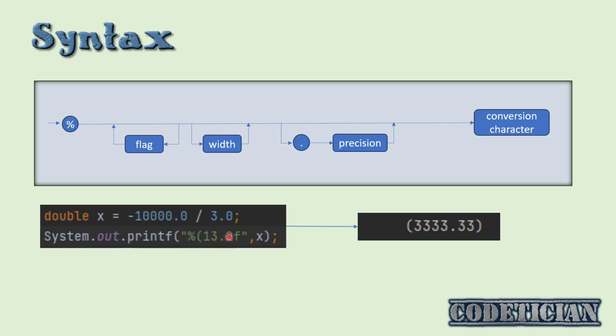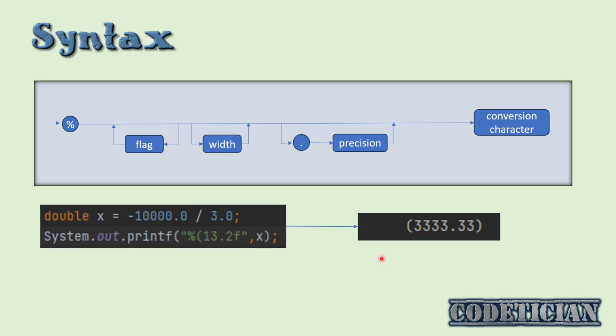Percentage, then left parenthesis, then 13 is the width, then a precision of 2, and then this is my floating point number. So there will be 4 spaces to cover my entire width of 13, and then my result will be enclosed between these parentheses, and there will be just 2 numbers after the decimal. So this covers the theory part for formatting output in Java.